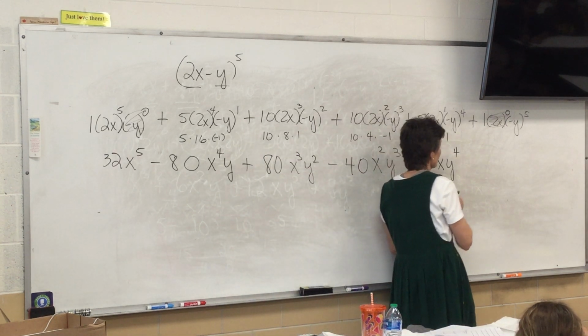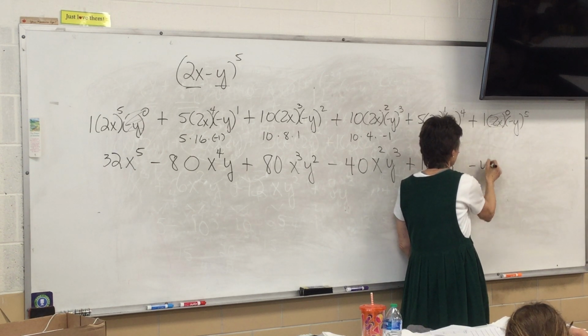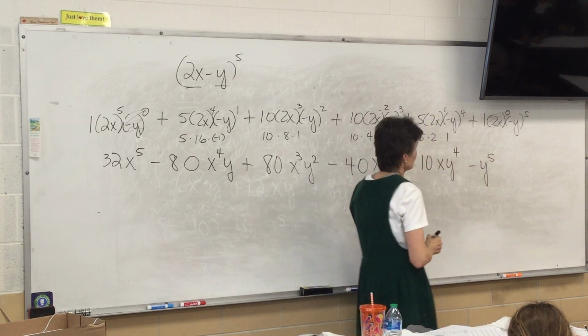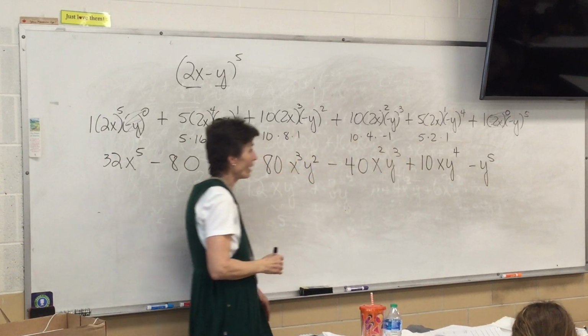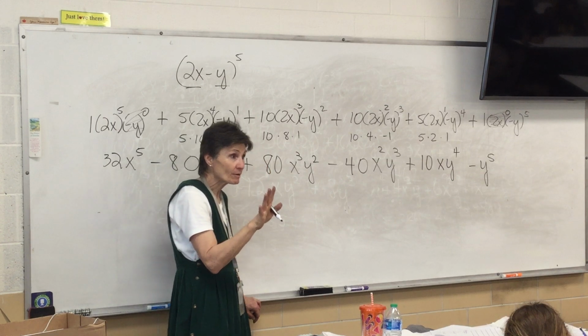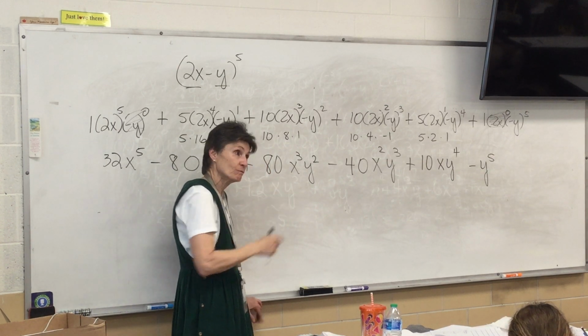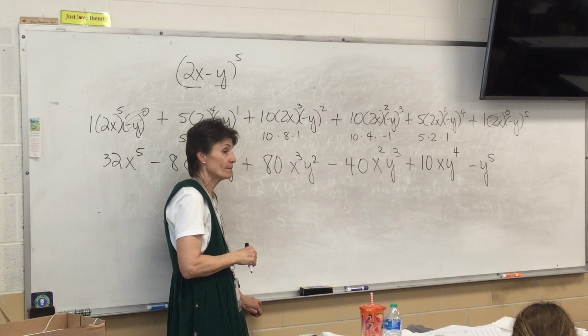And the last one, there's really nothing, isn't that just going to be -y to the 5th? -1y to the 5th? The x has disappeared. I have 1 times -1, so -y to the 5th.